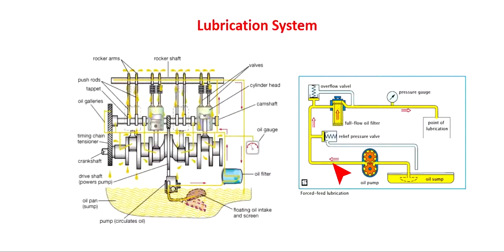For every point there is a set value of pressure. If by chance the pressure exceeds the set value, the pressure relief valve, which is automatically set, releases the extra oil and reduces the pressure. This well calibrated pressure passes through the oil filter, then flows to the points of lubrication. That's how the engine is lubricated.